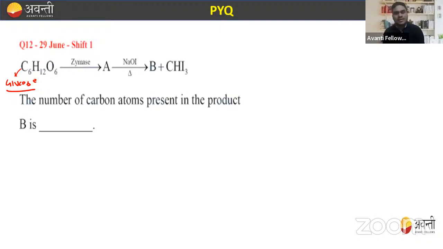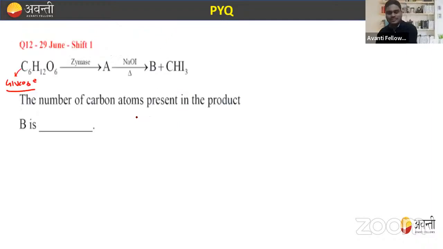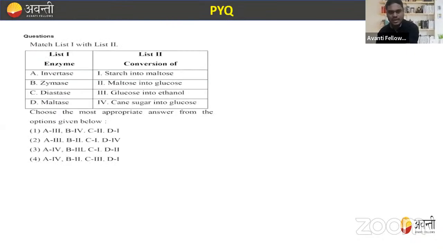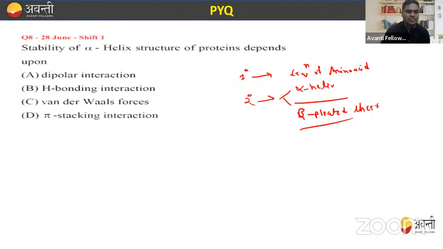You have to identify the number of carbon atoms present in the product B. So this is an important and very interesting question. Let's see the solution. We know that when C6H12O6 undergoes zymase action, carbon dioxide plus alcohol is formed. We already know that the zymase enzyme is used for the conversion of glucose into ethanol and CO2.